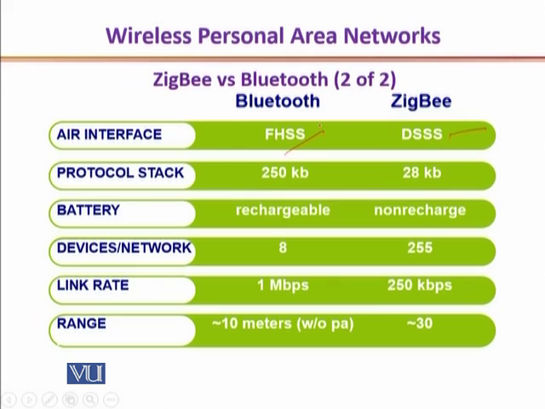The protocol stack of Bluetooth is heavier as compared to Zigbee because these devices are meant to operate on low cost. Similarly, the batteries in Bluetooth are rechargeable mainly through computers, whereas in WPANs, these sensor network nodes are deployed in the field and into the environment and are not expected to be charged.